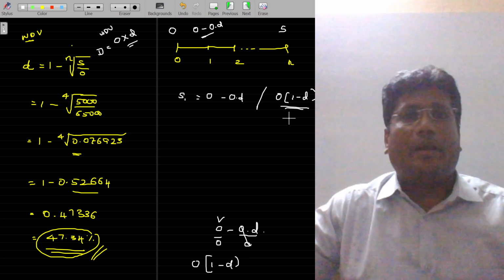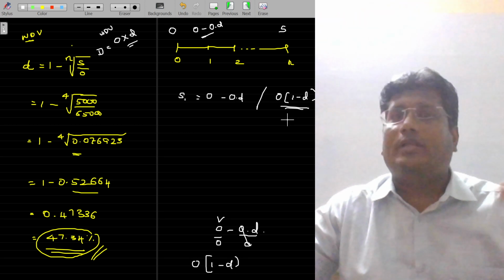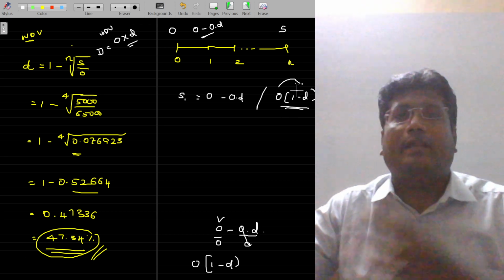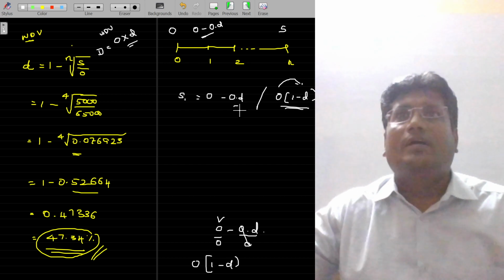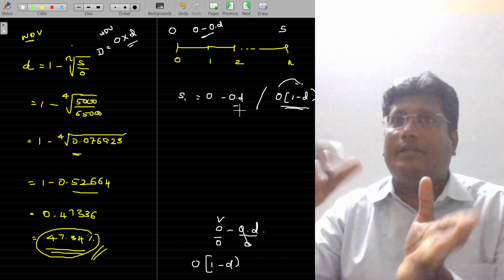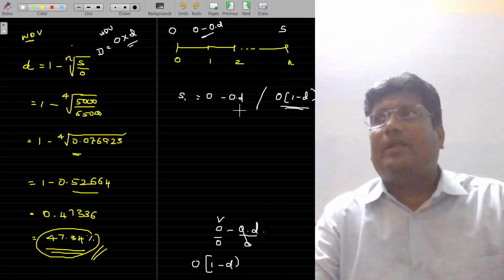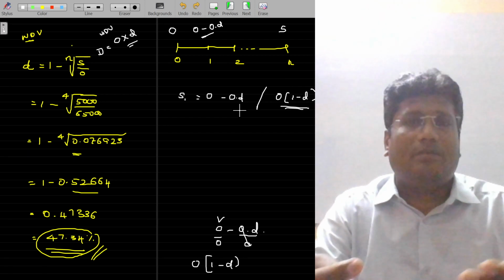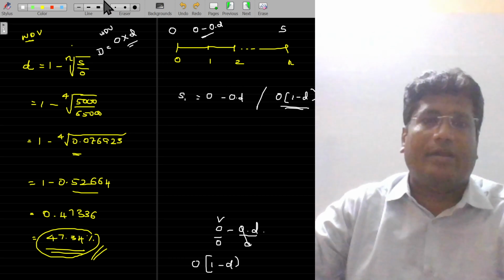I am dividing O minus O into D by O, so that I get this answer. Now if you multiply inside, you will get the same answer: O into 1, O into D, OD. You can go from here to there, or there to here, either will work. These are algebraic expressions. It seems confusing, but at least the basics you need to understand. These terms are going to be used in most of the cases, right?